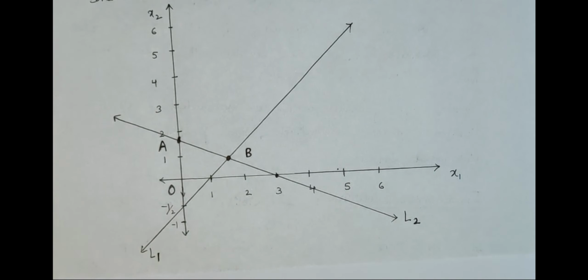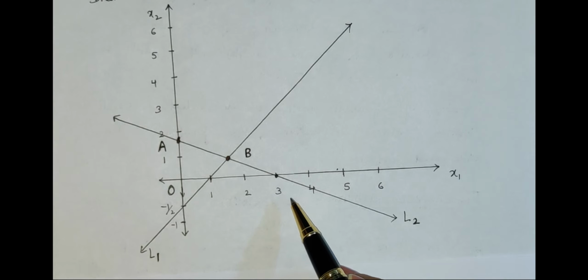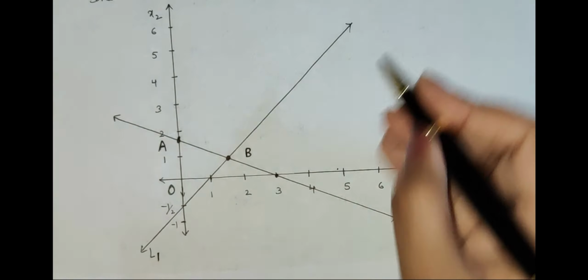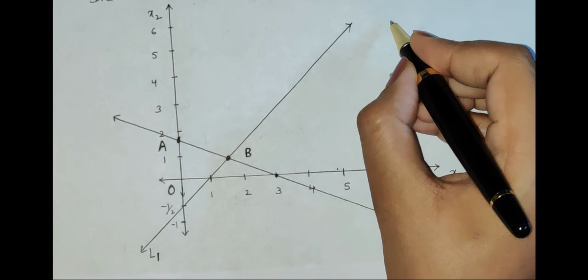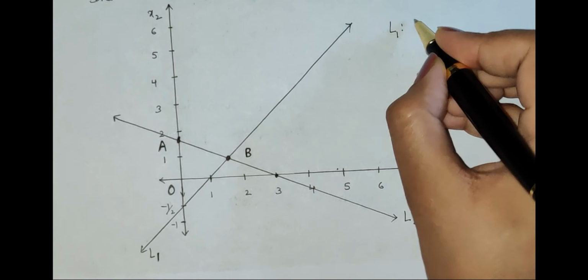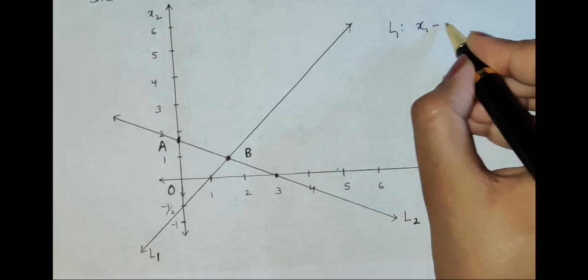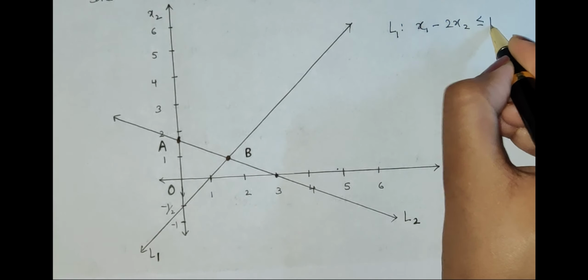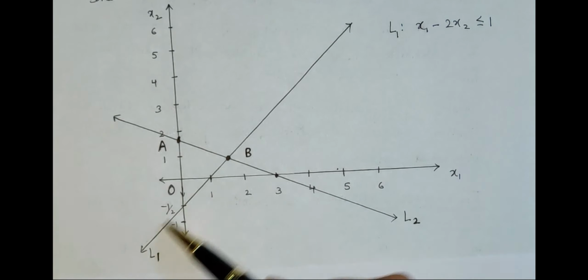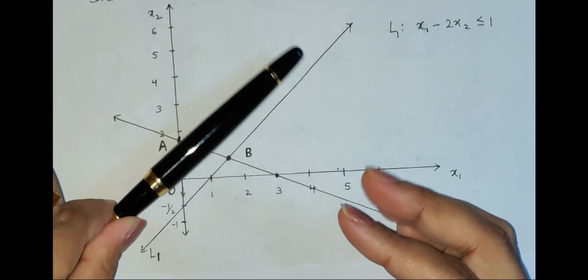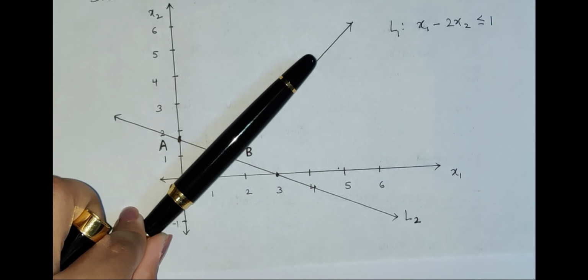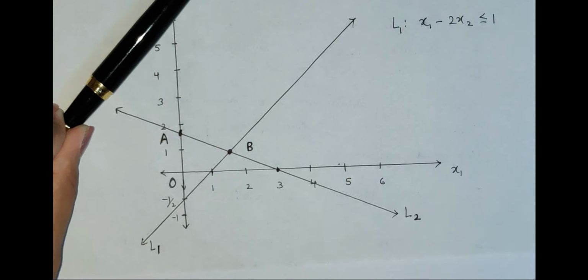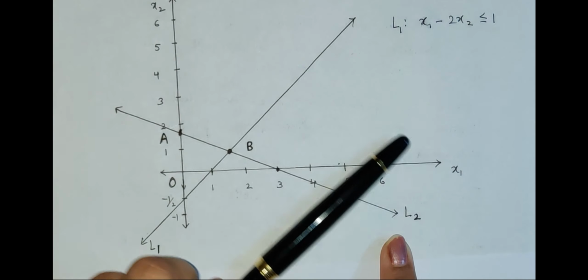Now we try to see what feasible region we are getting. It means I have to see the nature of the lines. First of all, what was my line L1? Line L1 is x1 minus 2x2 less than or equal to 1. I can see this line is dividing my whole graph into 2 half-planes, one above the line and one below the line.